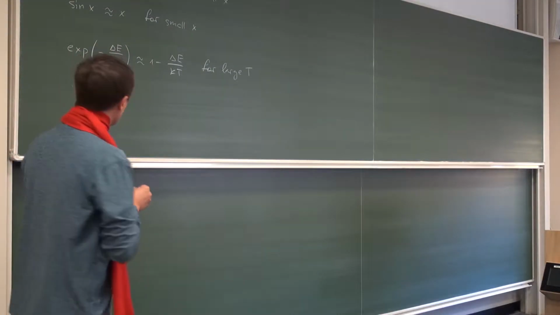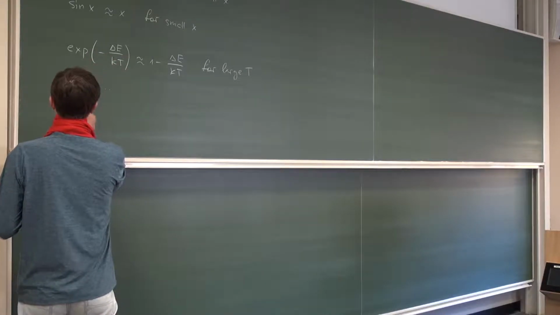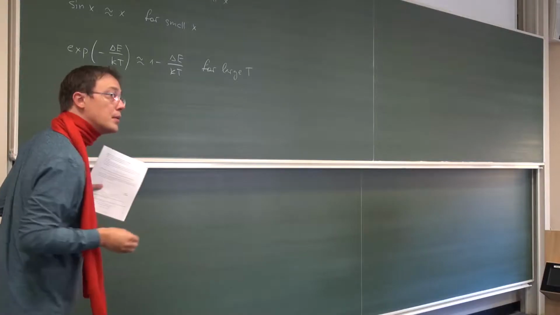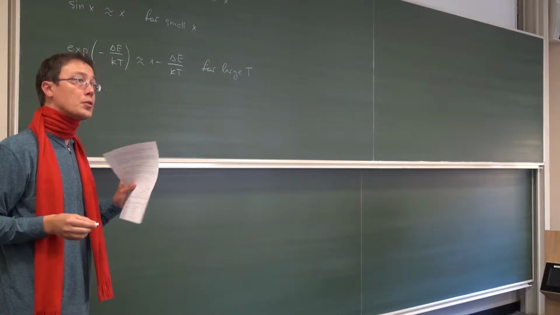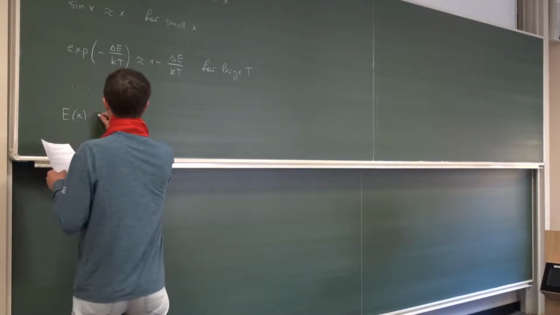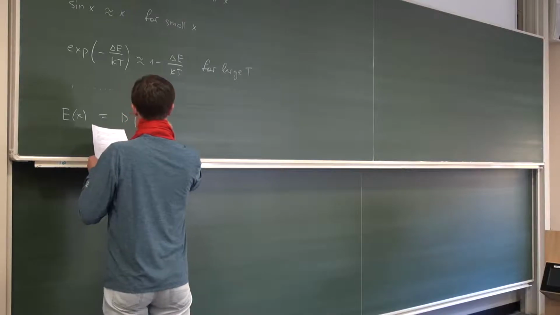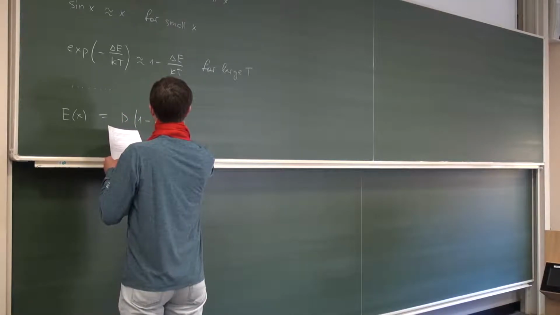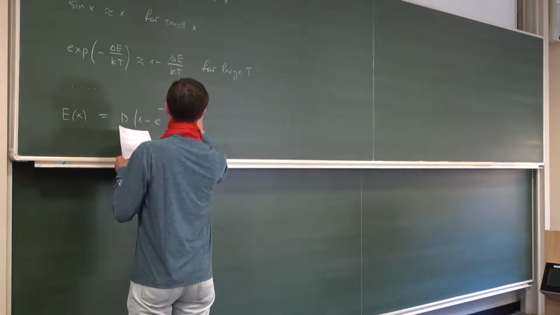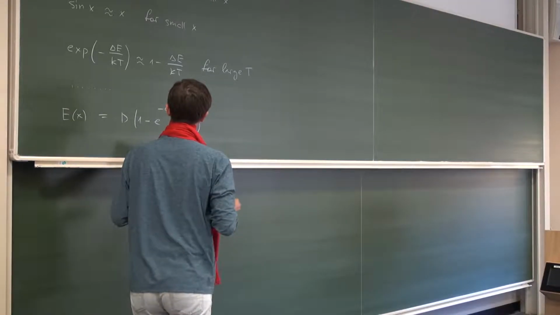And yesterday you have seen things like the Morse potential, so the energy of a chemical bond that is being stretched or squeezed. So if x is the length of the chemical bond, then this was some number D times 1 minus e to the minus a times x minus x equilibrium, the equilibrium bond length, and all of that was squared.